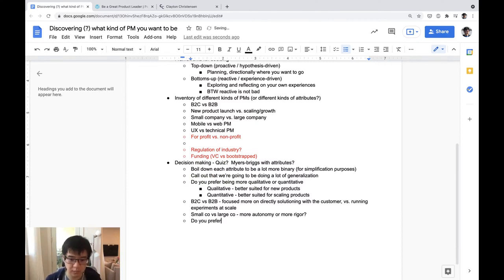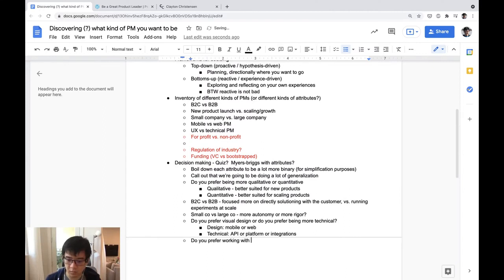Do you prefer visual design, or do you prefer being more technical? And then design is going to be more mobile or web, and technical is going to be API or platform or integrations.